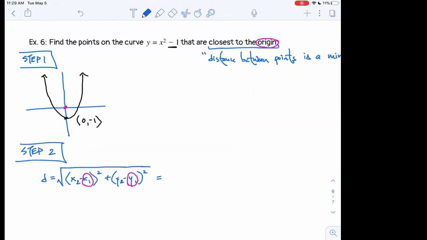And so that's going to give me the square root of x2 squared plus y2 squared, because I replaced x1, y1 with the coordinates of the origin, which were 0, 0. Now, I don't know which point is going to be the closest, so I have to keep everything with variables.